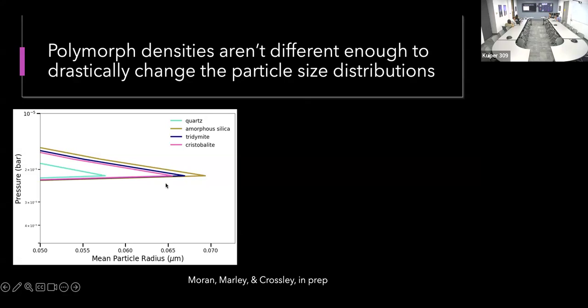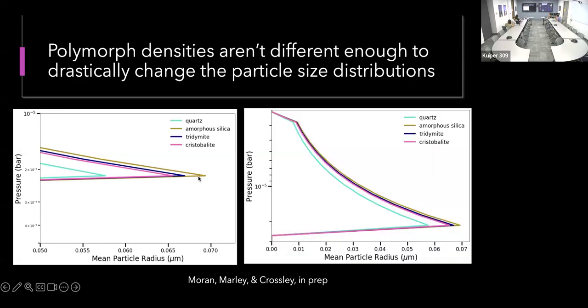And these are very minute differences in terms of the peak particle size at this pressure level. If you also think about the cloud overall, the very top of the cloud layer is maybe slightly higher for these lower density species than for quartz, but again, it's not really noticeable.